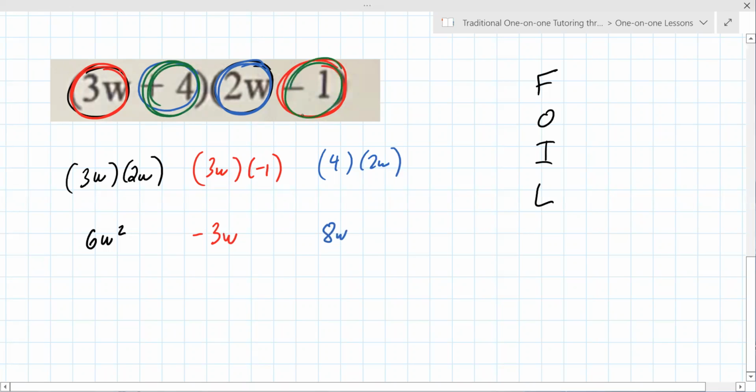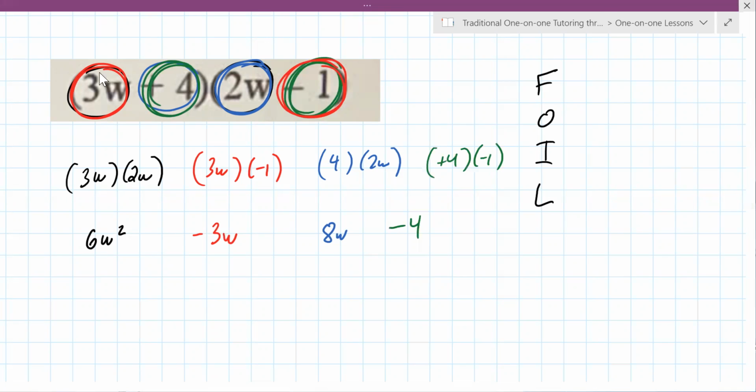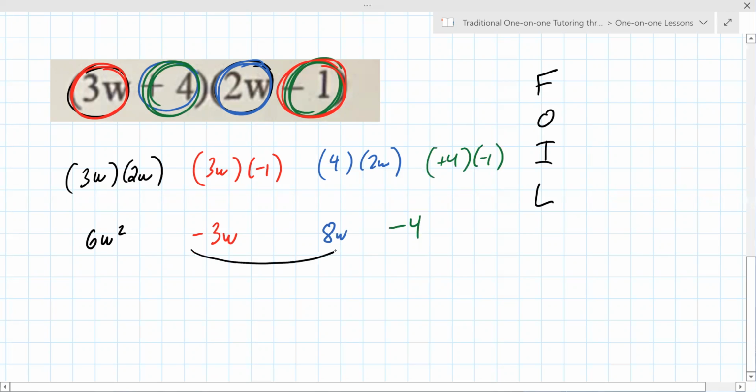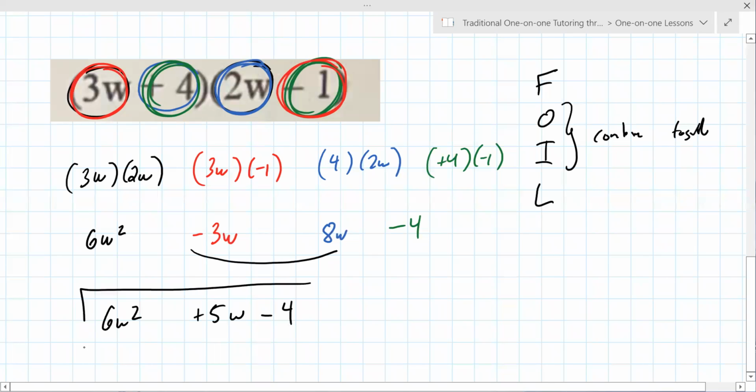So +4, -1, and that becomes -4. And again, you can combine like terms, and usually it's the O and the I that you combine together. All right, so that's 6W squared plus 5W -4. And that's your final answer.